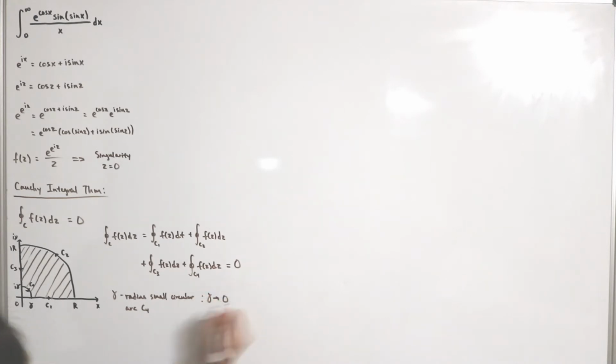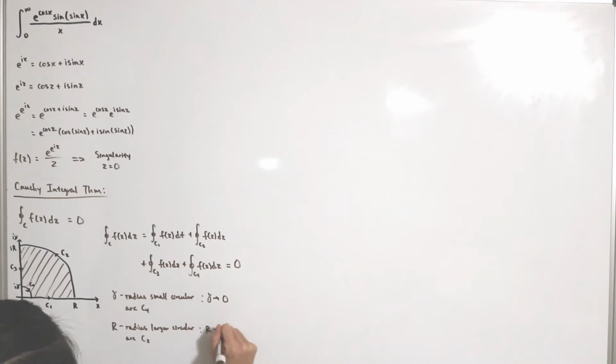Then our capital R is defined as the radius of the larger circular arc, C2. So in other words, R has to approach infinity. Again, we're dealing with a complex plane, so your x value is the real value, and the y is the imaginary value, or i times y specifically.